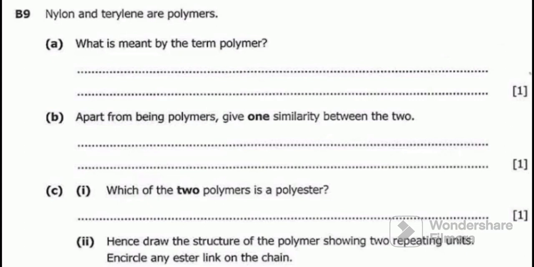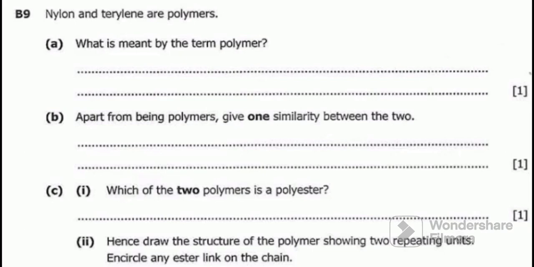Terylene is a typical polyester with ester linkages, and nylon is a typical polyamide with amide linkages. These are the differences I am explaining. Nylon has amide linkages, whereas terylene, which we've been told to display, has ester linkages.